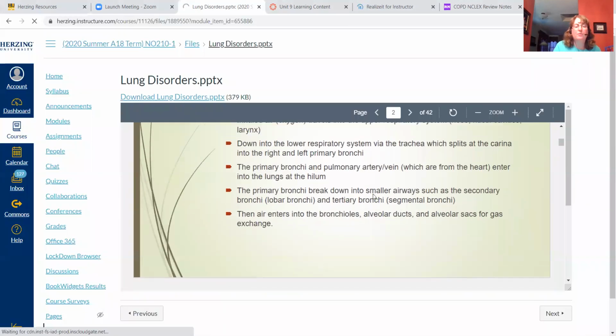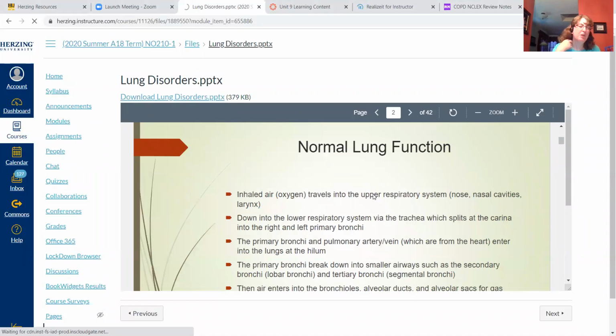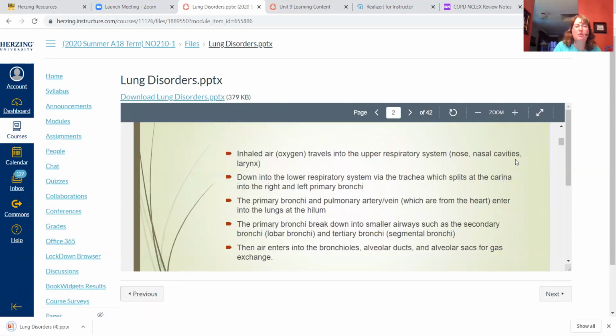Okay, so I just put in here stuff about normal lung function, just so you kind of get a basic understanding of what your lungs do. As you inhale air, oxygen travels into your upper respiratory system through your nose and your nasal cavities, down your larynx, down into your lower respiratory system via your trachea, which splits at the carina into the right and left primary bronchi.